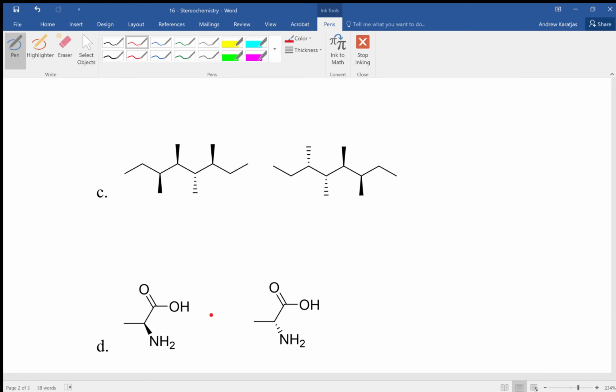All right, what about in part C? So what I did in part C was I kind of rotated the entire molecule like this to get to the second structure. So let's do that and rotate it back and see what happens.